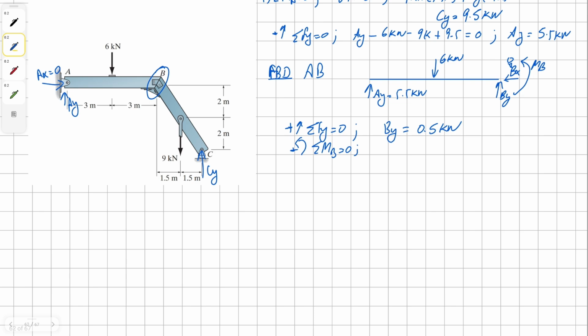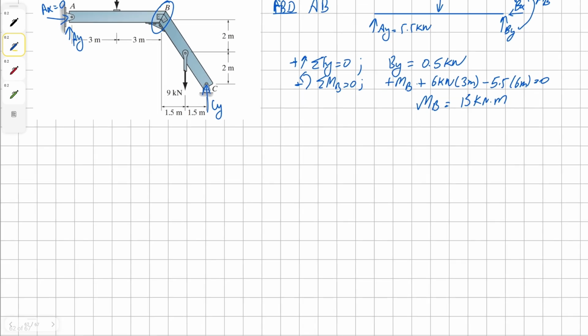And then we have counterclockwise moment B, counterclockwise 6 kilonewton, 3 meters away. And then we have clockwise AY 6 meters away, all equals to 0. And solving for moment B, we get a solution as 15 kilonewton meter.